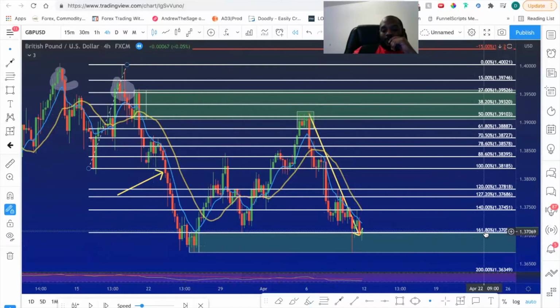Past the 161. Well, it really reversed at the 161. Even though it broke past the 127, remember I told you the levels of reversal are 127, 161 and 200. So they didn't respect the 127.